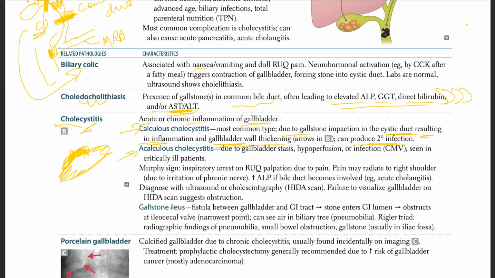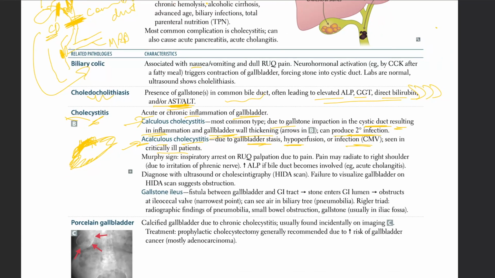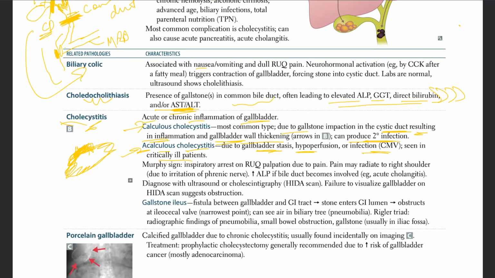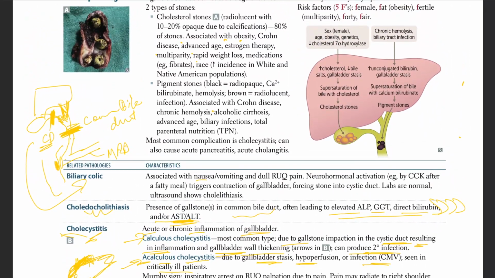Now, the second type is acalculous cholecystitis. It is due to gallbladder stasis, hypoperfusion, or infection seen in critically ill patients. It's pretty simple: if there is a stone blocking here, you have inflammation. Anytime you block a tube, behind that you get inflammation and wall thickening.